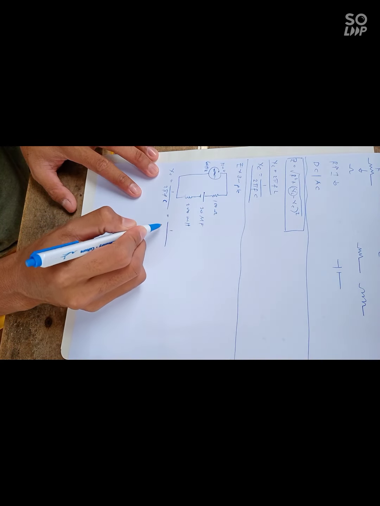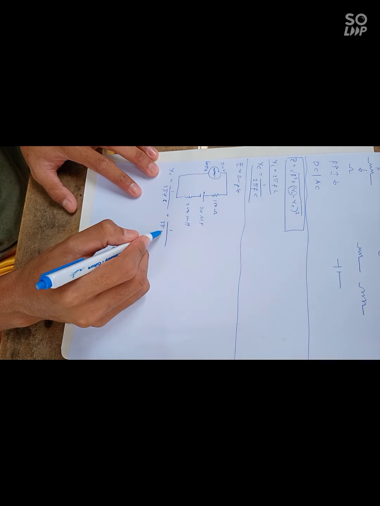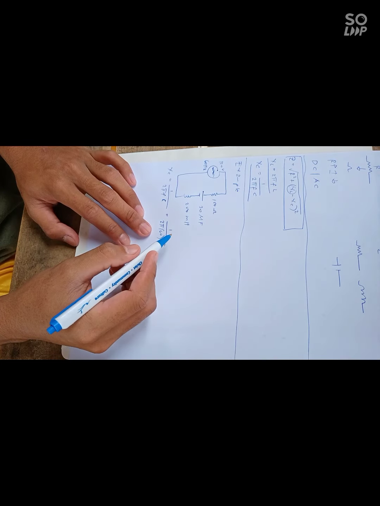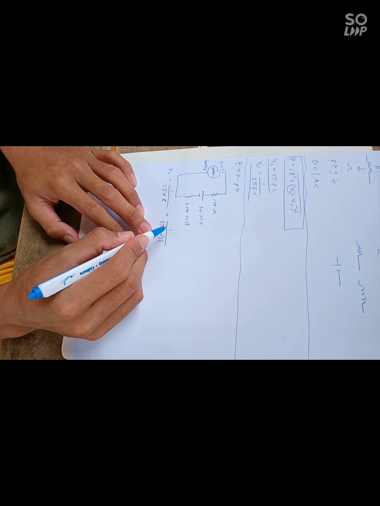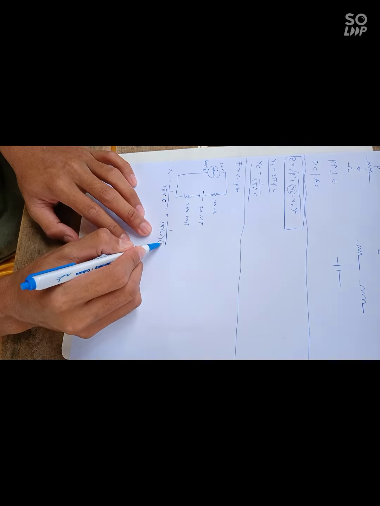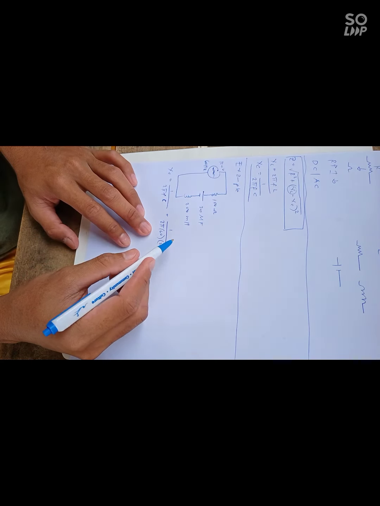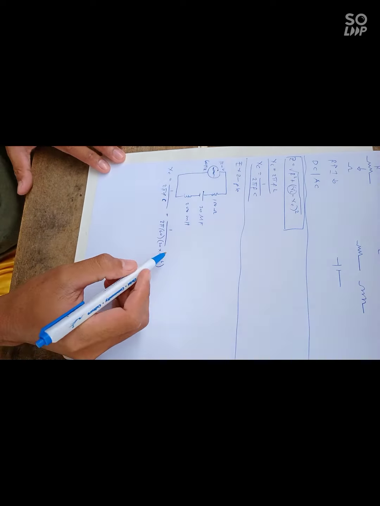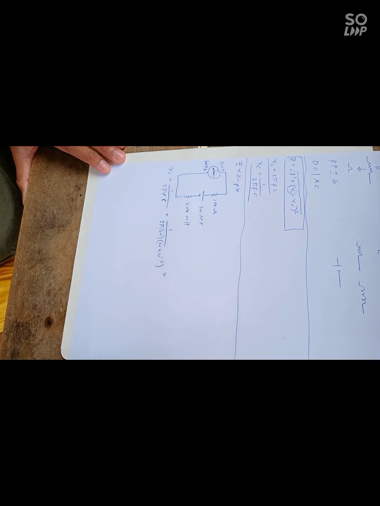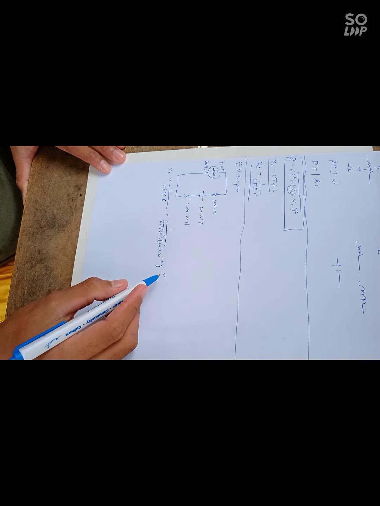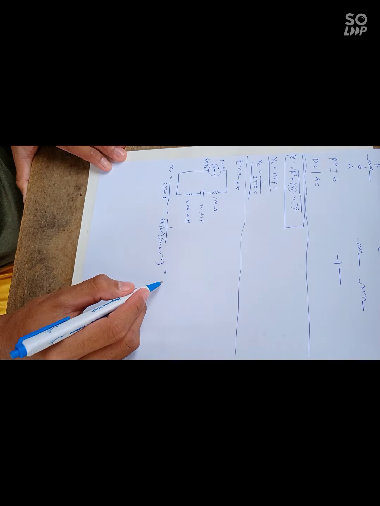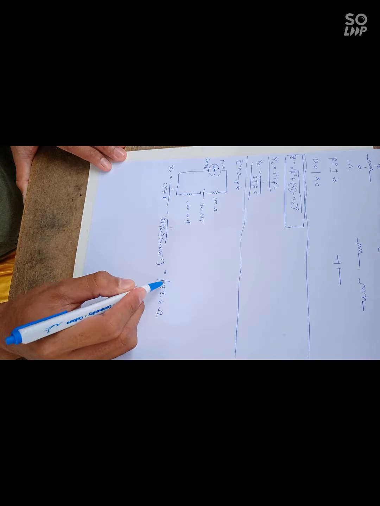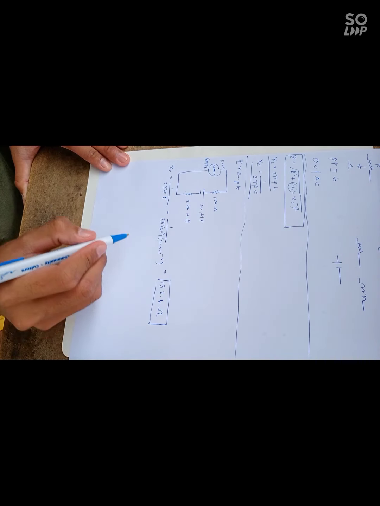Okay, 1 over 2 pi, then the frequency is 60. Then the capacitor is 20 microfarads, which is 10 raised to the negative 6. Then the result of the capacitive reactance is 132.6 ohms.